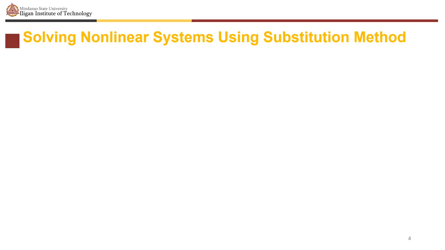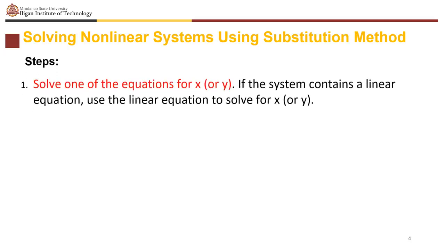Here are some steps in solving nonlinear systems using substitution method. Solve one of the equations for x or y. If the system contains a linear equation, use the linear equation to solve for x or y. The second step is to substitute the resulting expression in step 1 to x or y in the other equation.